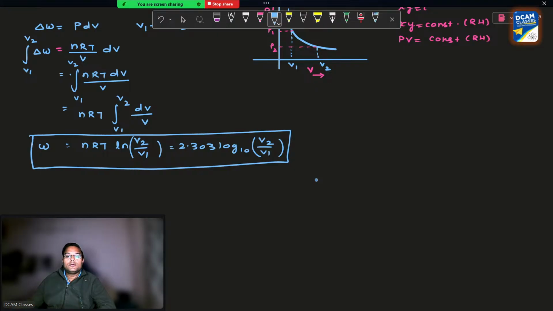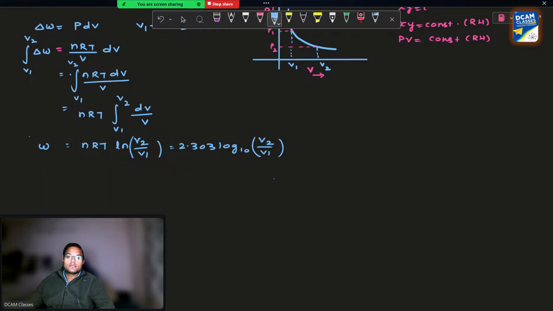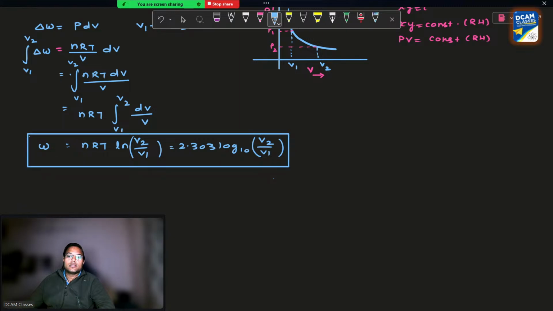Now, once you have found out the work done, you can actually write the value of delta Q also, because delta U is 0, by first law, delta Q is equal to delta W also. So delta W will be equal to nRT ln V2 by V1, delta Q will be equal to nRT ln V2 by V1. ln is natural logarithm.